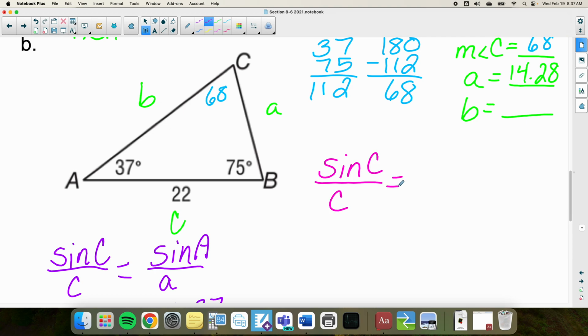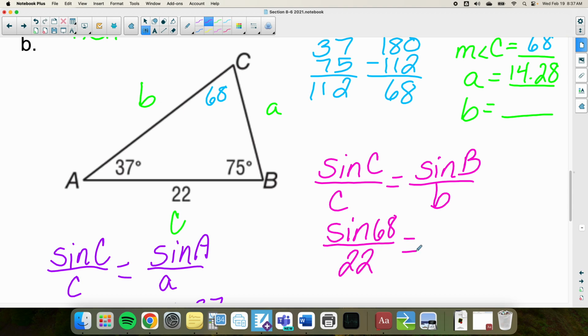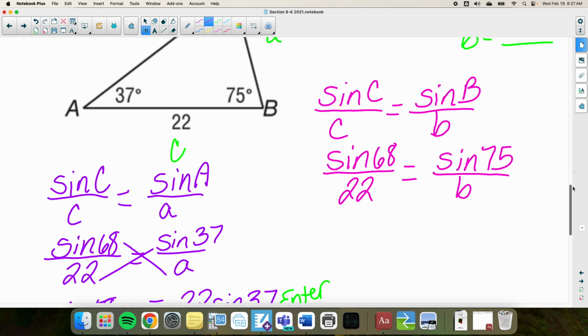So I'm going to start with sine of C over little c, and then set that equal to sine of B over little b, okay? So sine of C is sine of 68, little c is 22, sine of B is sine of 75, and then we're looking for little b, okay?